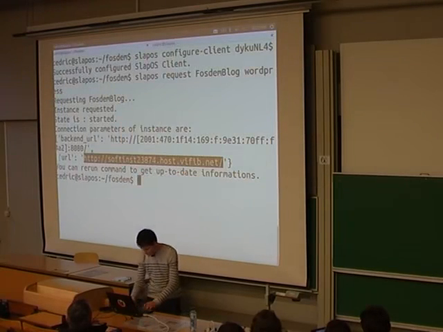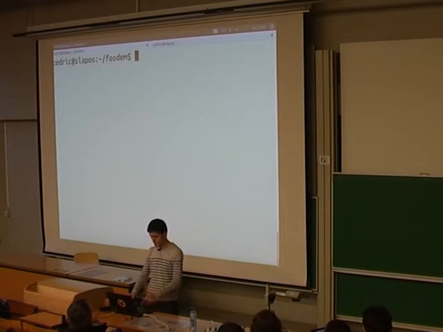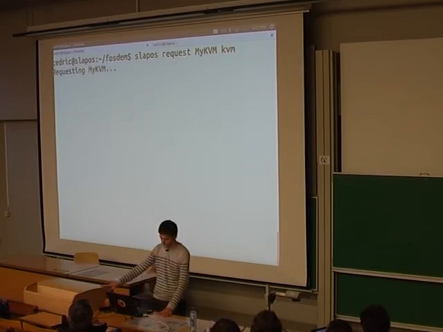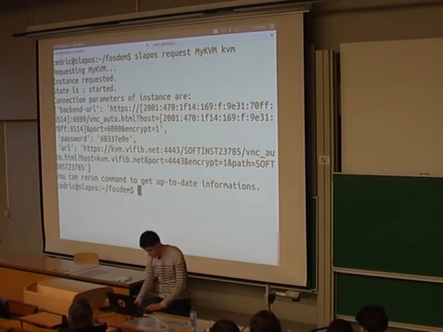Let's now do something a bit different. We request an instance of a virtual machine, a KVM virtual machine. So slapos request, I will name it my KVM, and this is an instance of KVM. It's requesting. Oh, really quick.